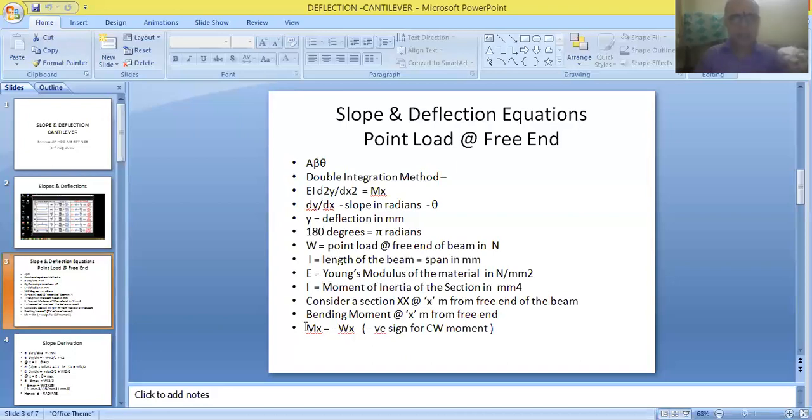As done in the case of SF and BM diagrams, we have to consider a section XX at a distance of x meter from the free end of the beam. By doing so, we can write a bending moment equation at this particular section. It is given as minus capital W into small x.